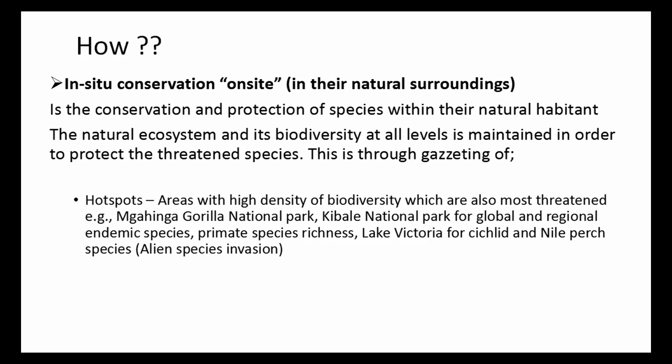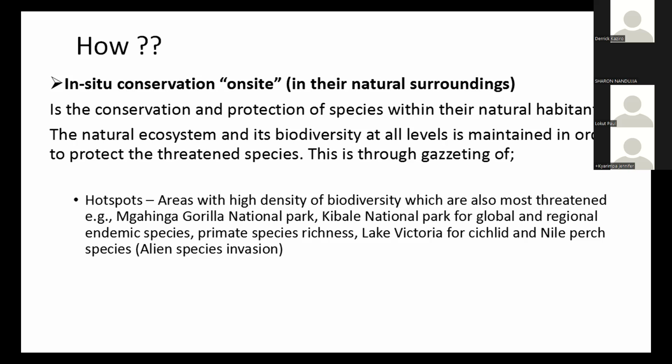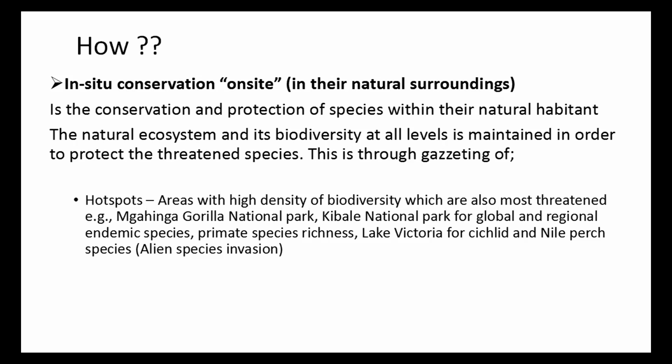So we are seeing how we can conserve our environment or our biodiversity. We have two ways. One is in situ conservation, that is on site. In their natural surroundings, you don't move them. Like the national parks, you leave them where they are and you conserve them.